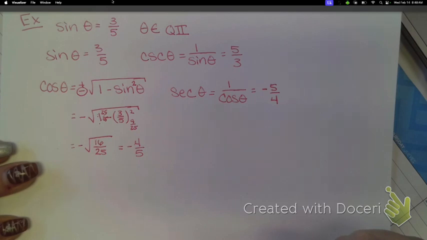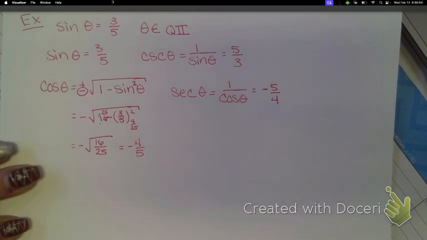So now what are we down to? Cotangent and tangent. I'd assume we'd find tangent first, but you guys decide. How do you want to find it? Do you want to use the Pythagorean identity?